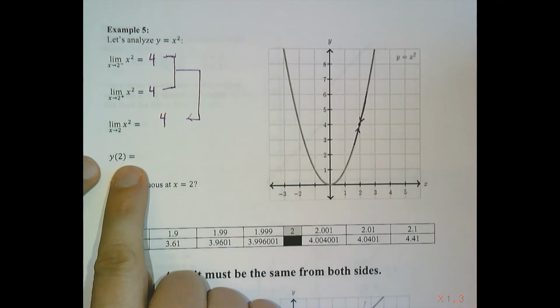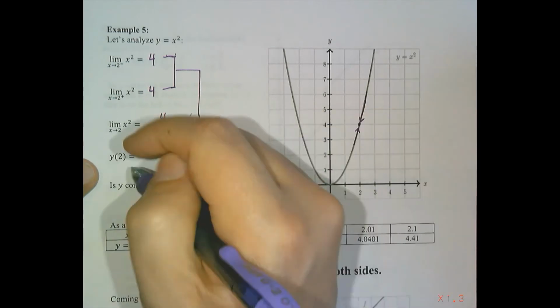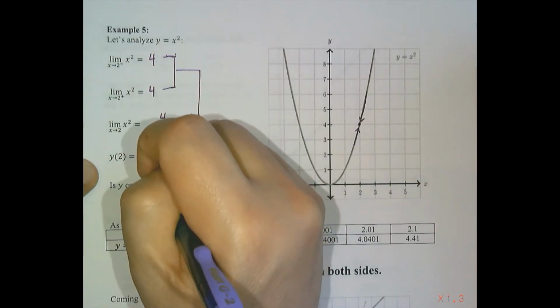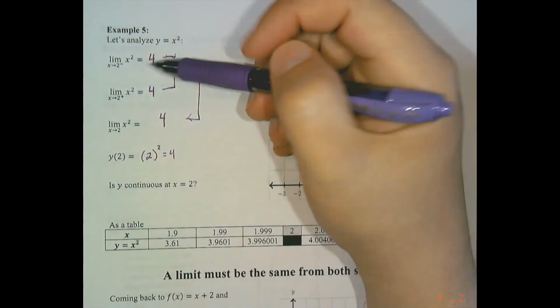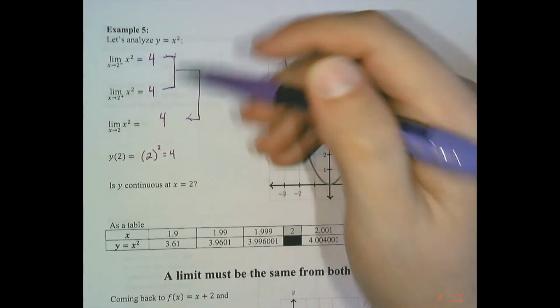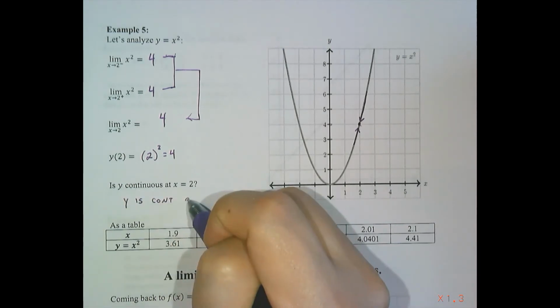And then finally, y of 2, well, we can see graphically it looks like 4, we could also stick 2 into the equation. 2 squared is 4. All these numbers agree. Y is continuous at x equals 2.